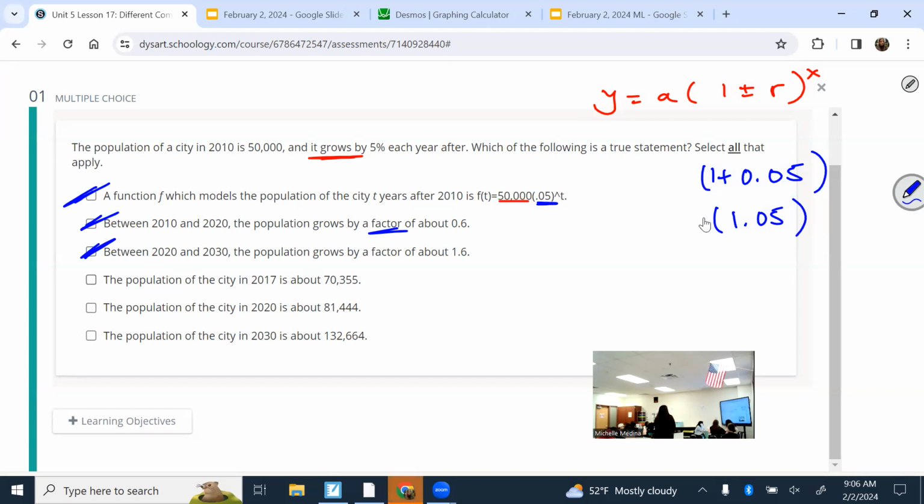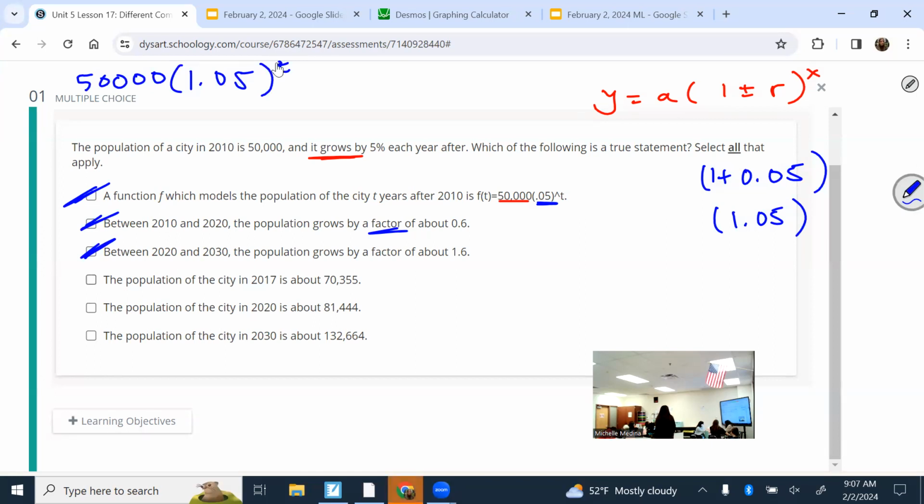The population of the city in 2017 is about this much, and then it has other values that we have to put in our calculator. So let's make our expression. Our initial amount was 50,000. Our growth factor would be 1.05. And remember, T is years since 2010.